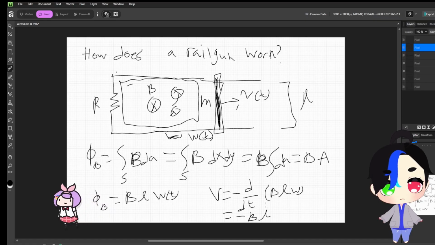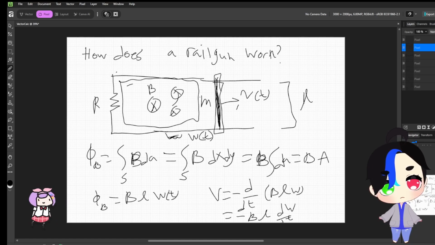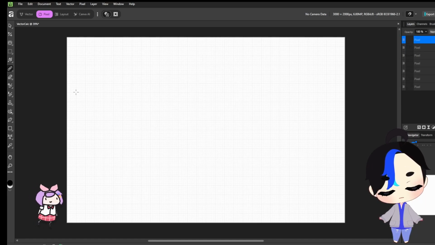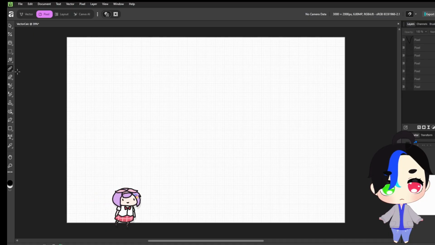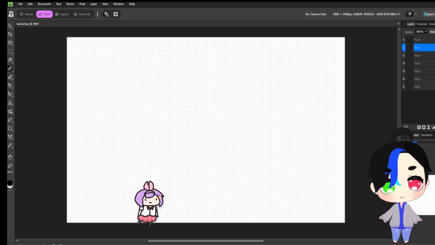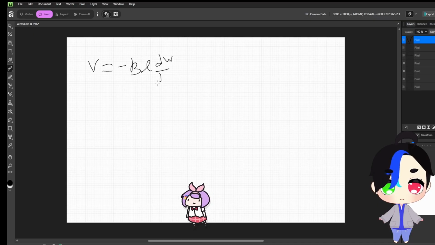So the induced voltage equals negative B L dW/dt.